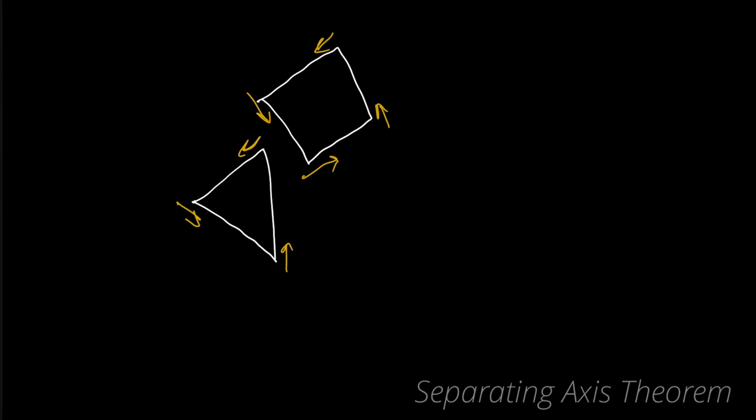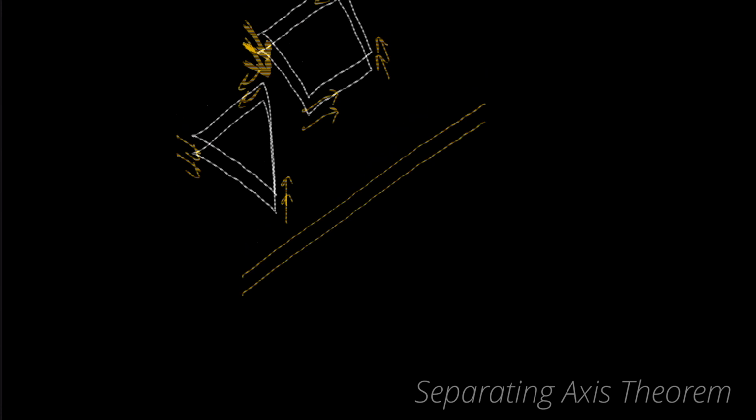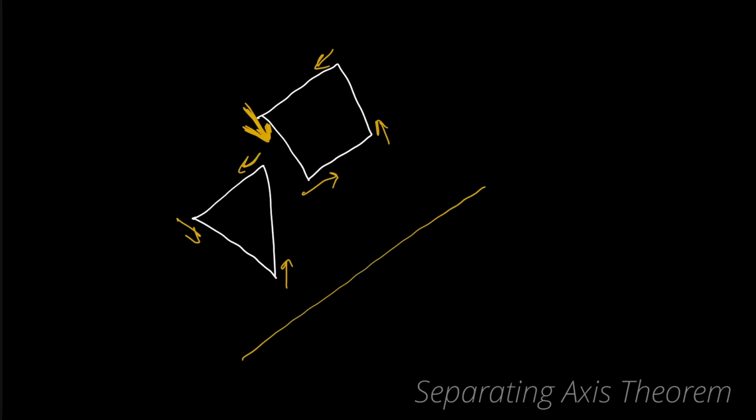And in this case, with our two diagrams, there is this specific way to project, right? So the axis would be this one. So what is this axis? This axis is actually just the normal of this edge, right?